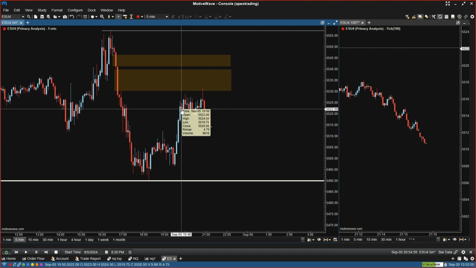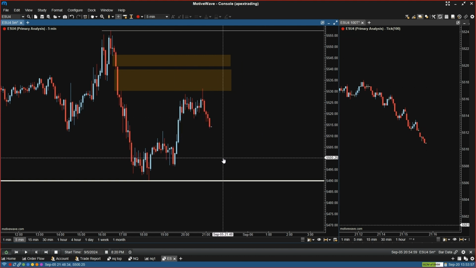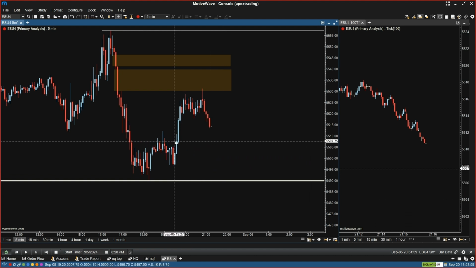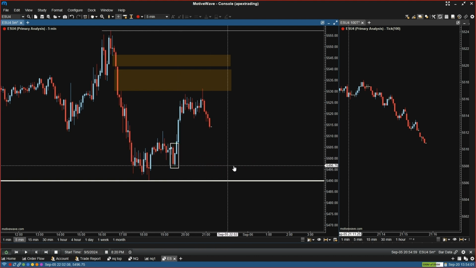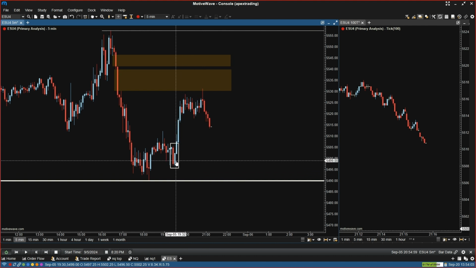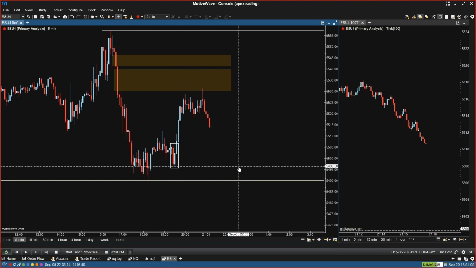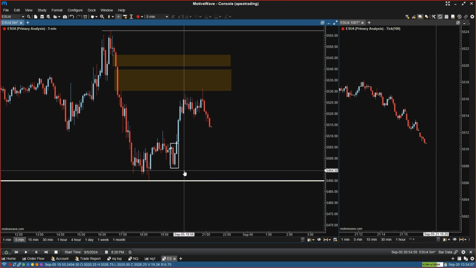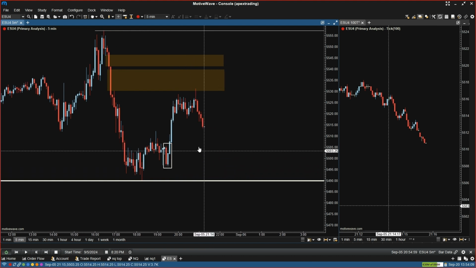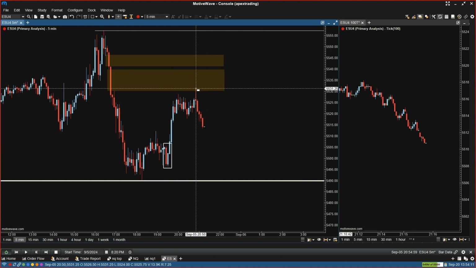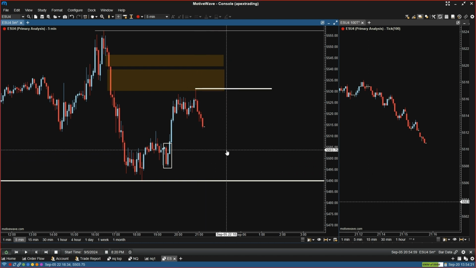On the 5 minute, we were looking at this area here as the 5 minute order block, right? This was the invalidation point for us for the 5 minute 3 bar reversal pattern, right?